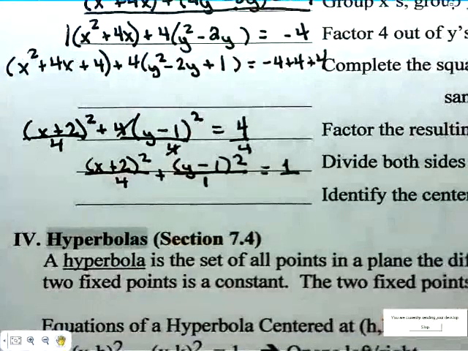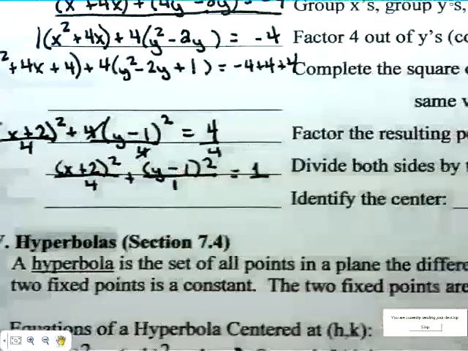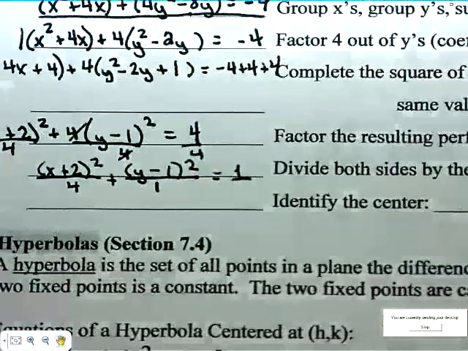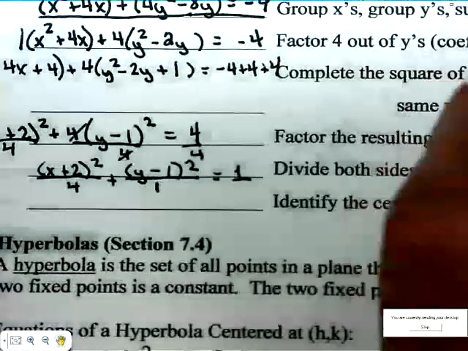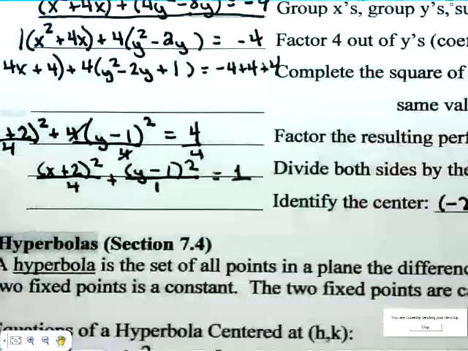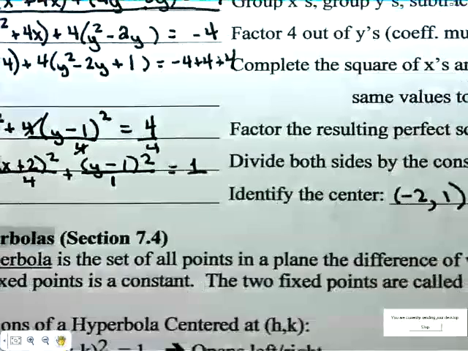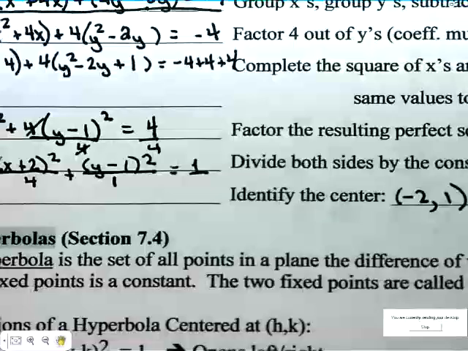So what's the center of this ellipse? Negative 2, positive 1. Opposite of both guys in parentheses. And the a is 2 and the b is 1.